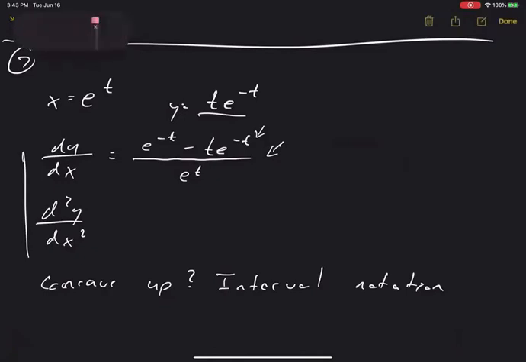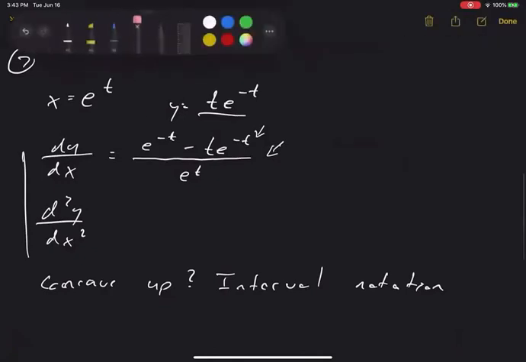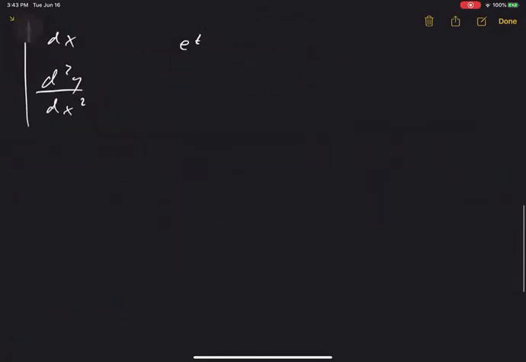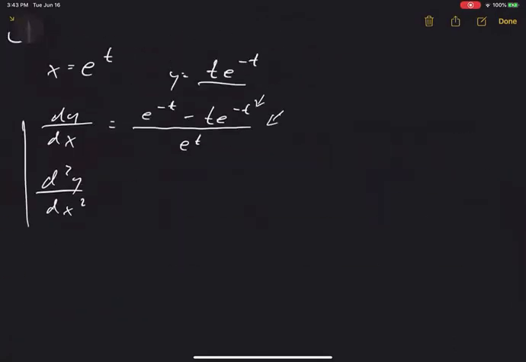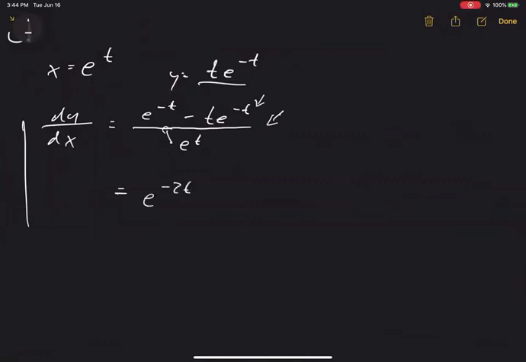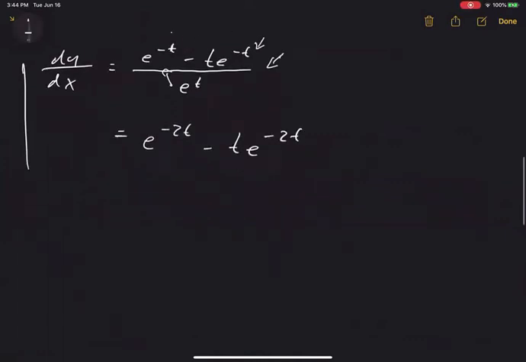Okay, let's give ourselves some room here. So if I simplify this thing, I'm just going to divide this e to the t out. So I'll get e to the negative 2t minus t e to the negative 2t. Okay.